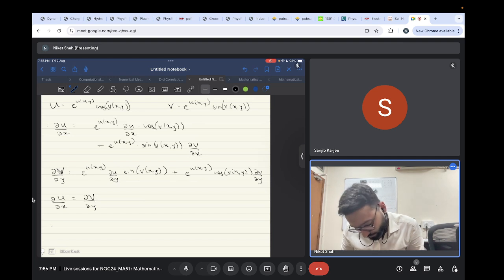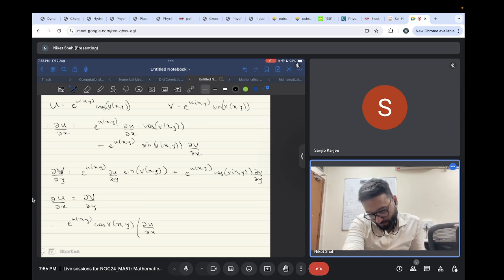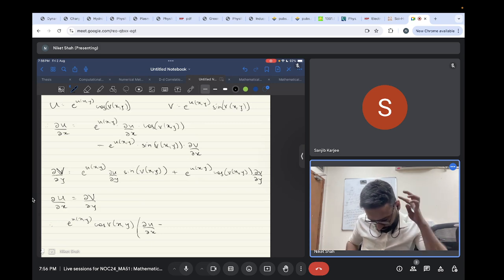Therefore, e raised to power u x comma y cos v x comma y del u by del x, sine cos.